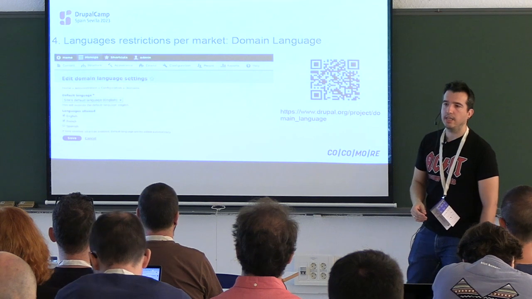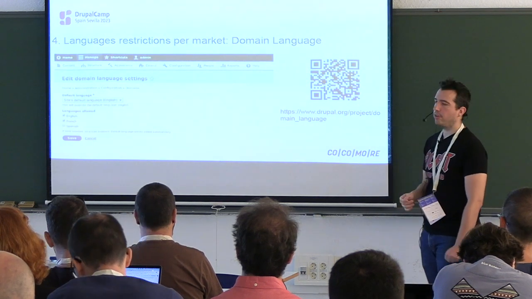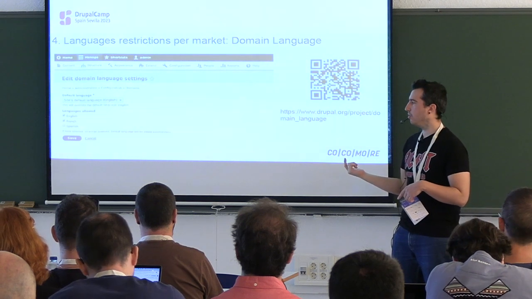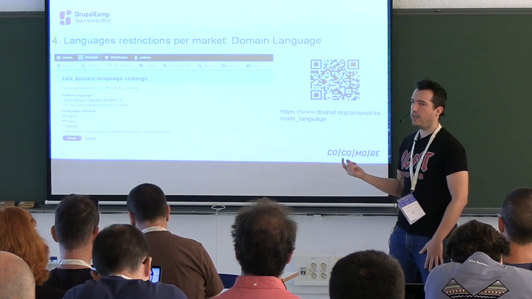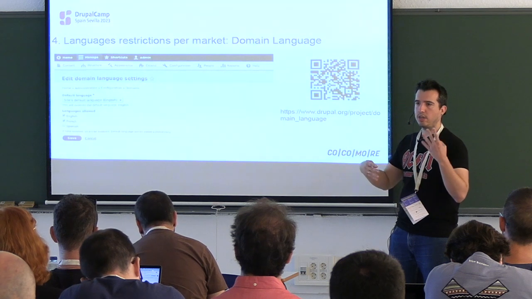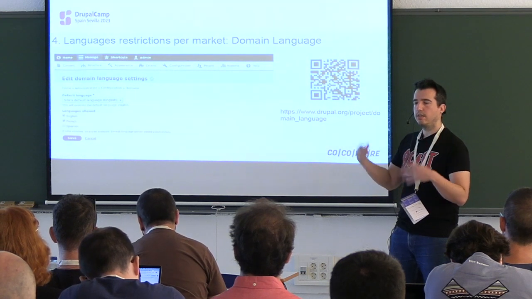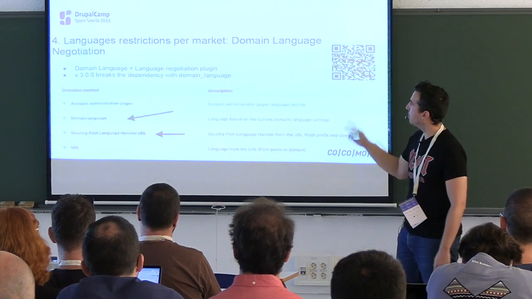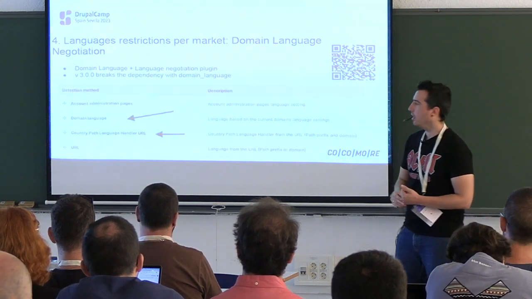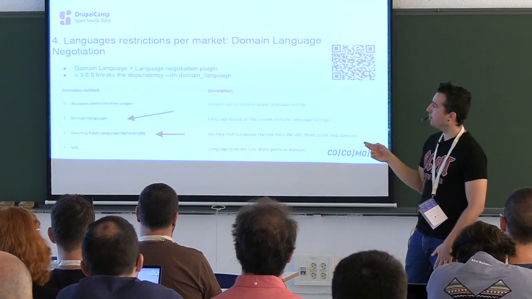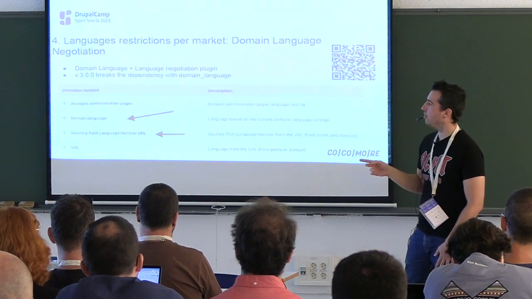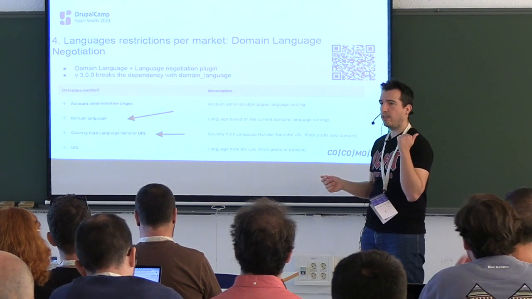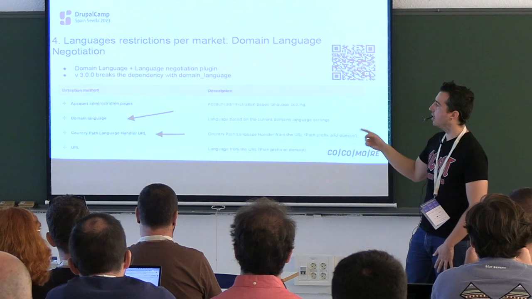The problem is that it doesn't handle language negotiation. So even though you are able to assign languages to a market, your site is not capable of detecting which language to use based on that. Because of this, we had to use domain language negotiation. On versions before 3.0, you will need domain language, the module that we have seen, plus this one.